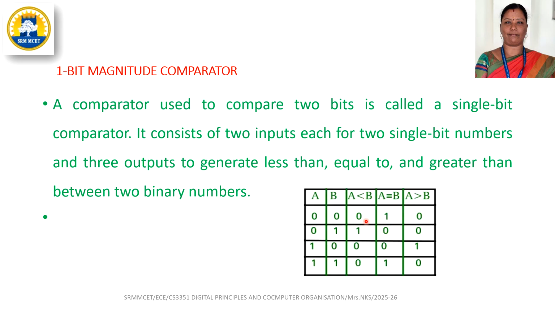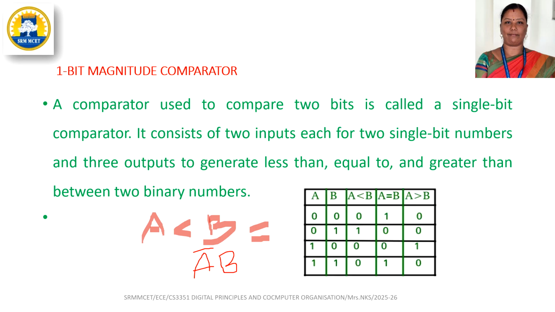So we write A less than B is equal to A bar, which means A is 0, and B. A less than B is equal to A bar B.